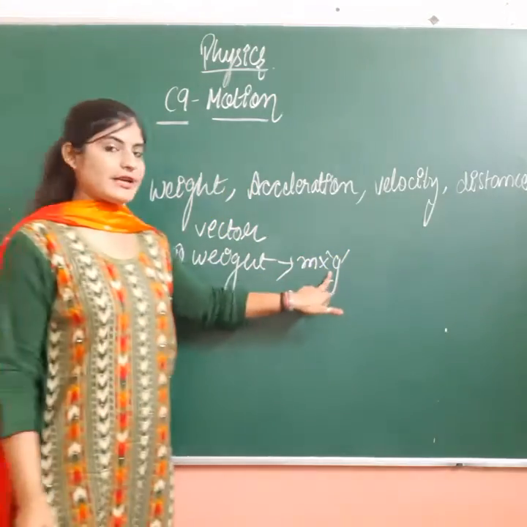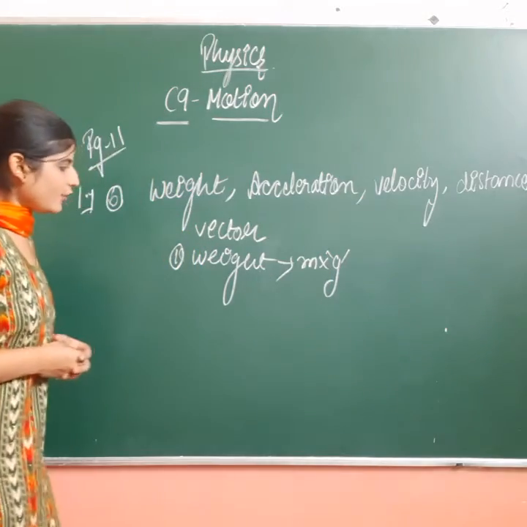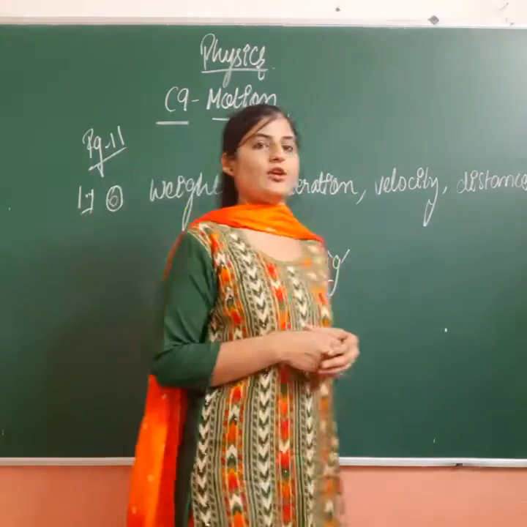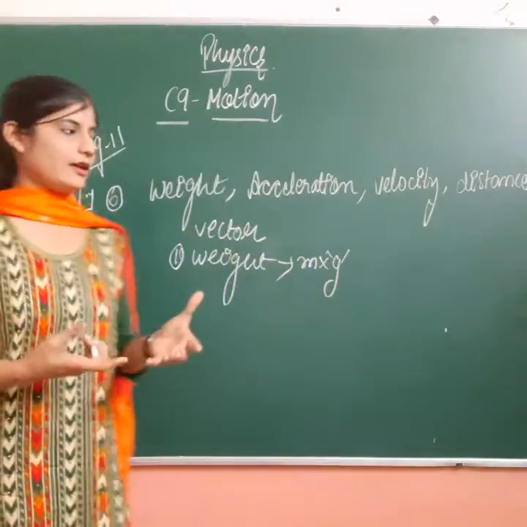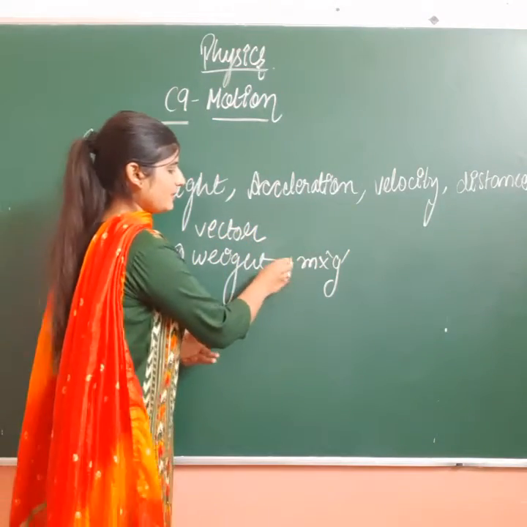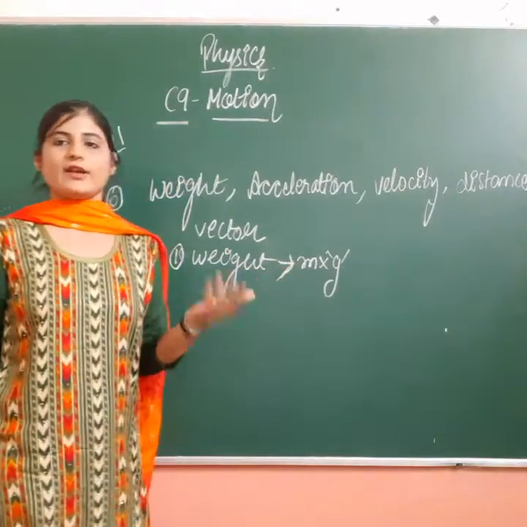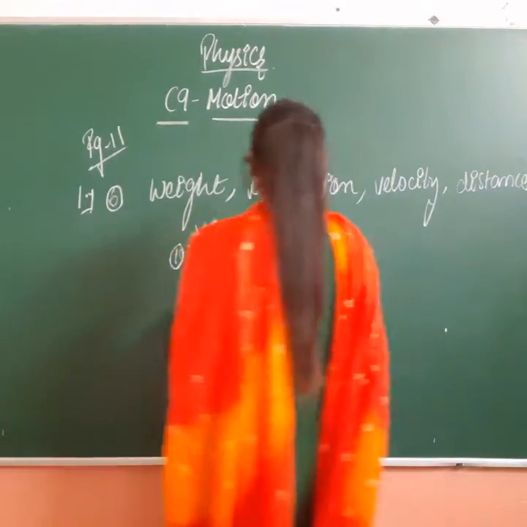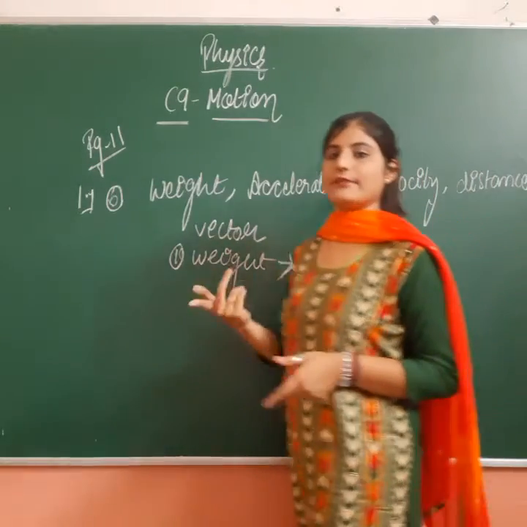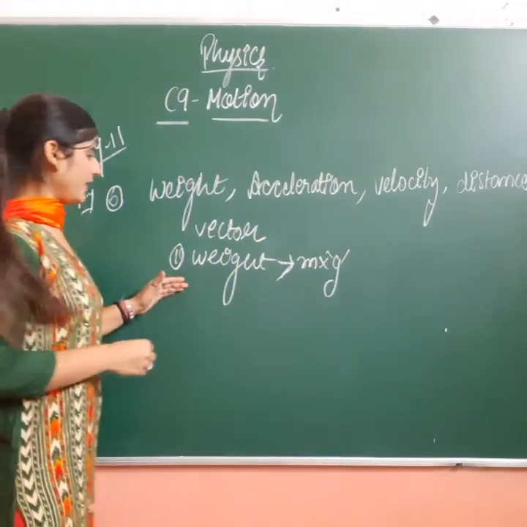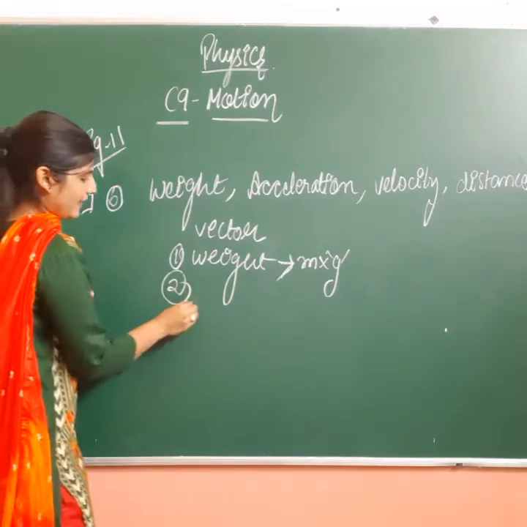We have already studied what mass is. Totally, mass is the amount of content, the matter present. Whereas in weight, along with mass we also include acceleration due to gravity. Fine.